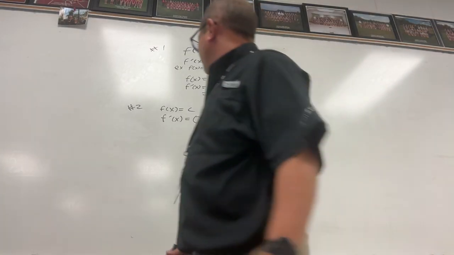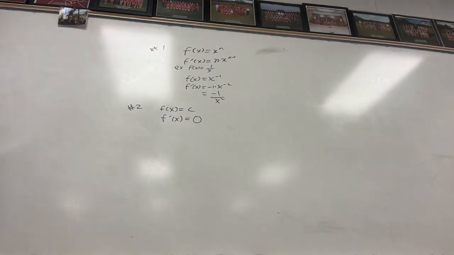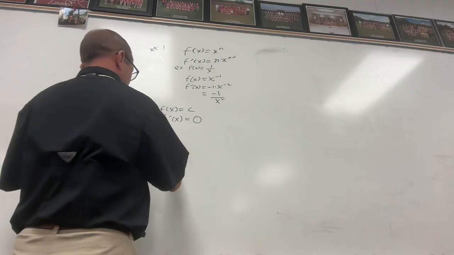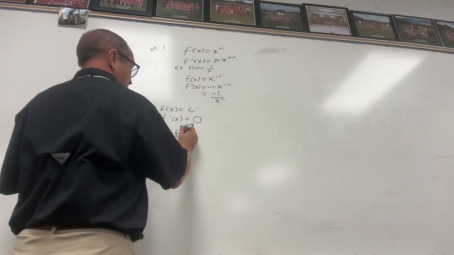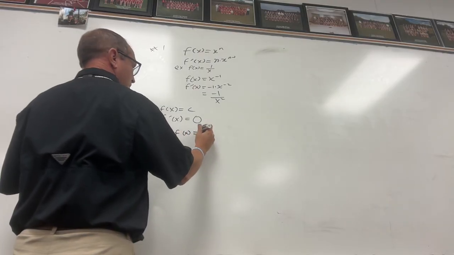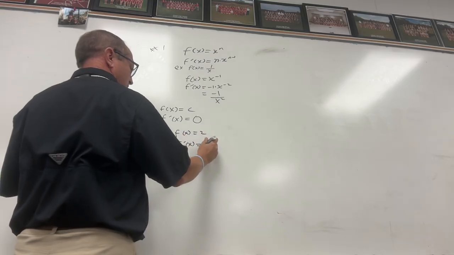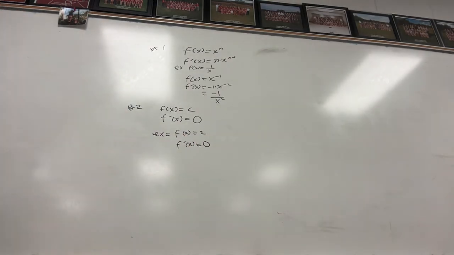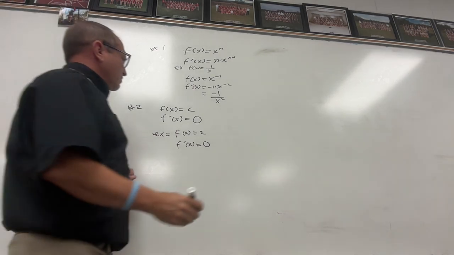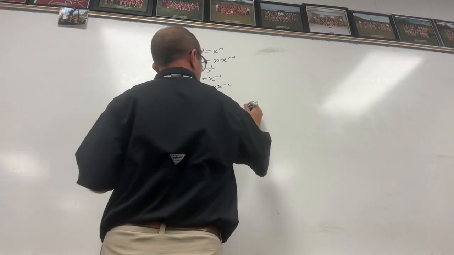All right? So we've got 2 shortcuts down. Here, let's look at an example. F of x equals 2. That's a good number. So f prime of x would be 0. All right. That's the constant rule. The next one's going to be the constant multiplier rule.